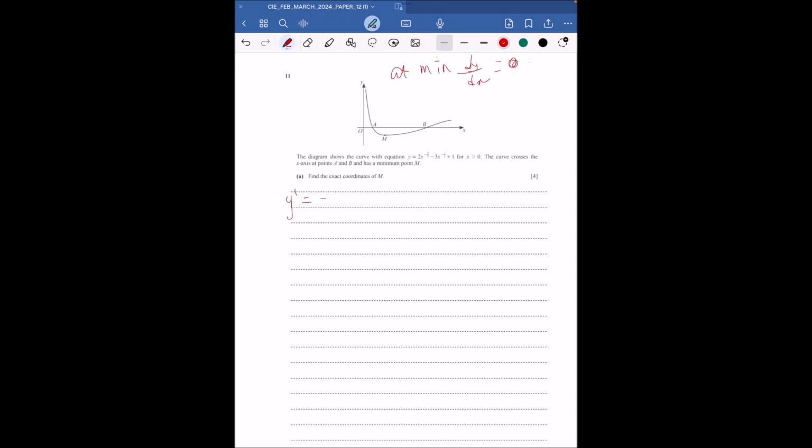So dy/dx is minus 4/3 x minus 5/3 plus x minus 4/3. So this is equal to 0.